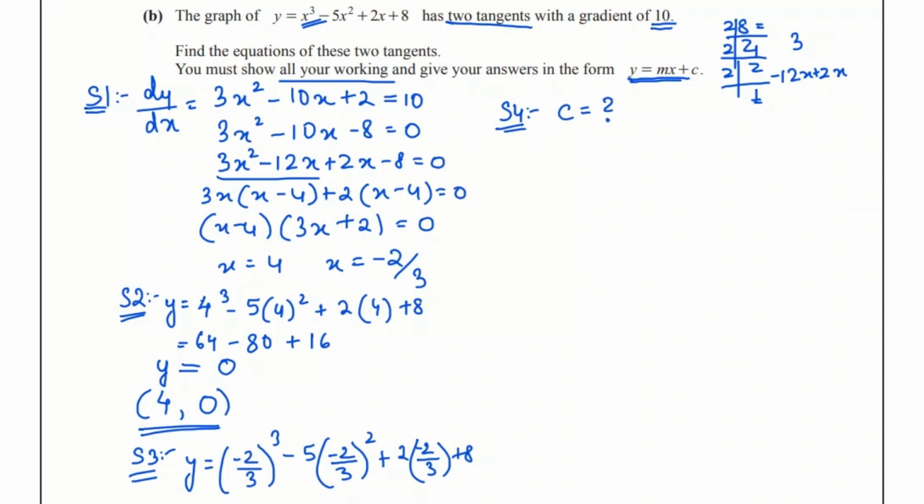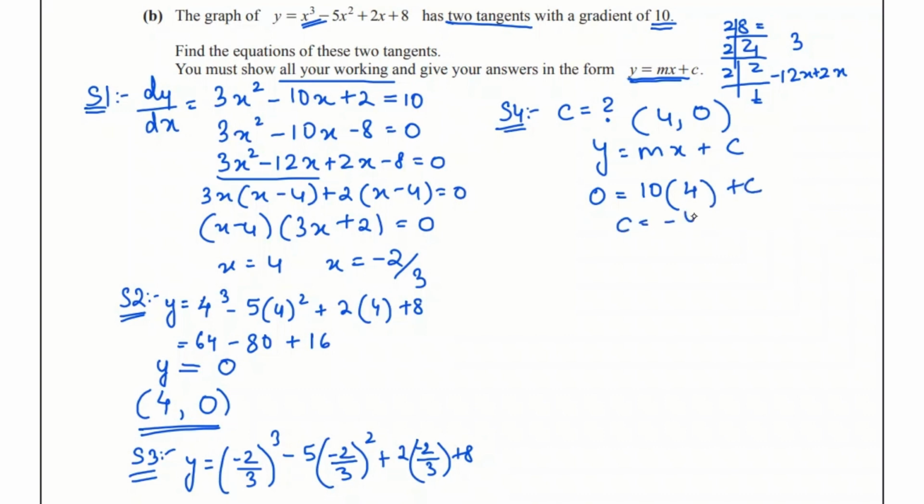So we'll take any one point. Let's take 4 and 0 because it's easy. Integers and 1 is 0. So y equals to mx plus c. Y is 0, M is 10, X is 4 plus c.